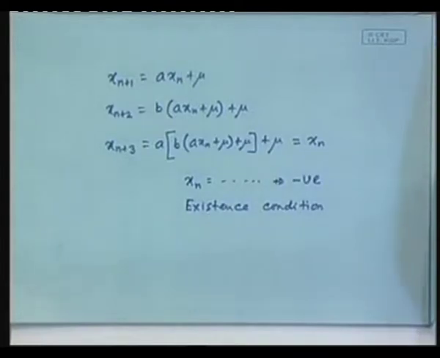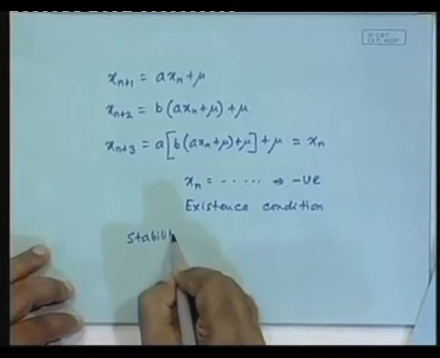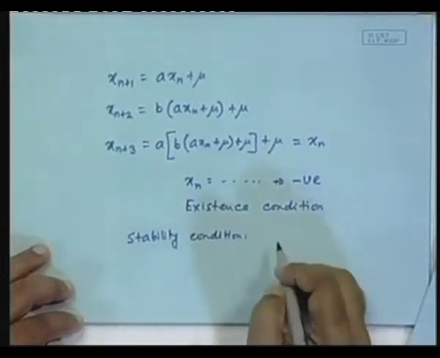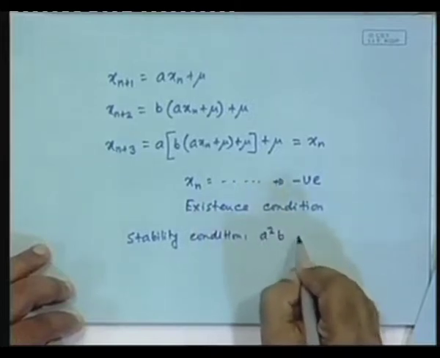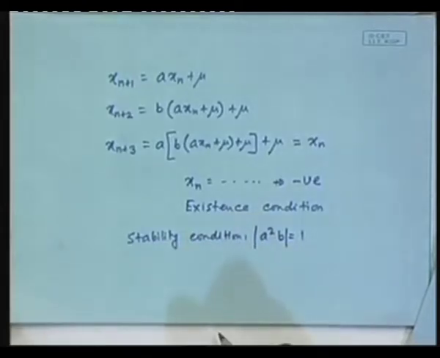Now, what is the condition for stability? This particular orbit will be stable so long as there are 2 points to the left and 1 point in the right. So the stability condition is a square b, this magnitude, should be less than 1, then it is stable.